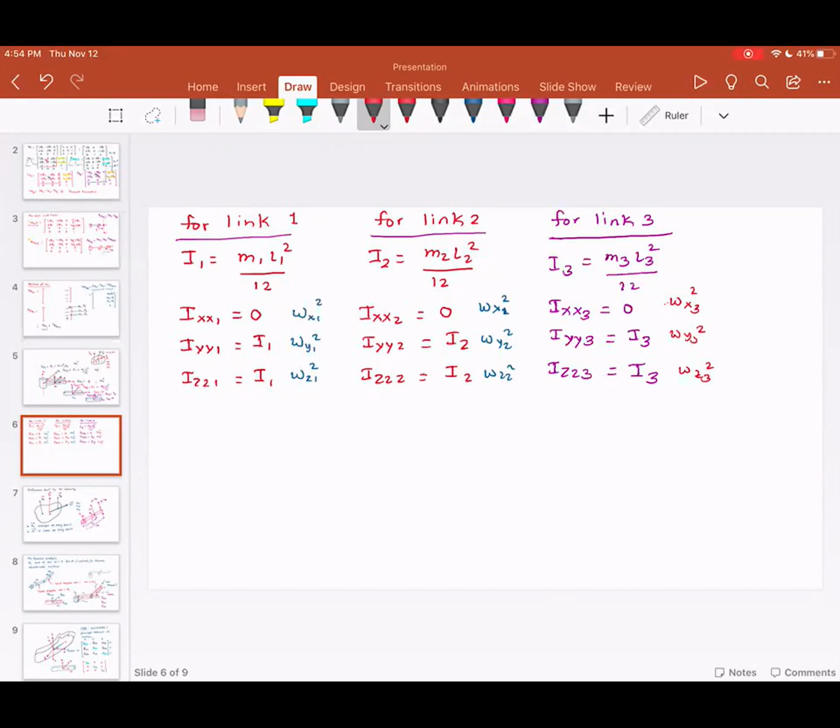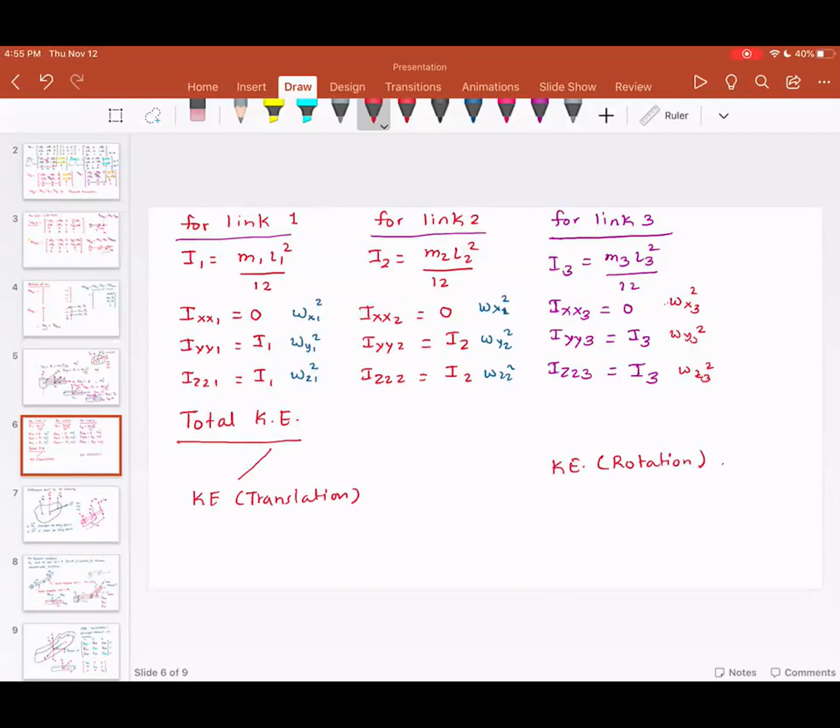Now, our task is to find the total kinetic energy. The total kinetic energy is the kinetic energy in translation, and then you have the kinetic energy of rotation.